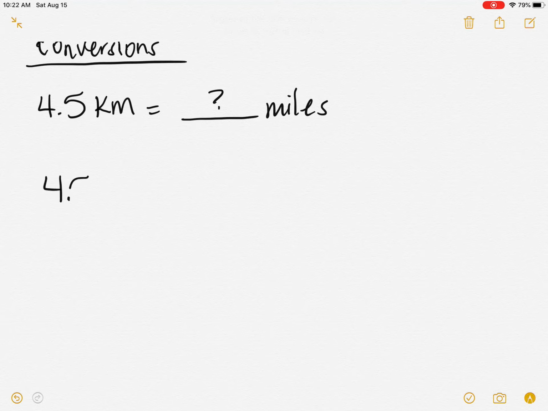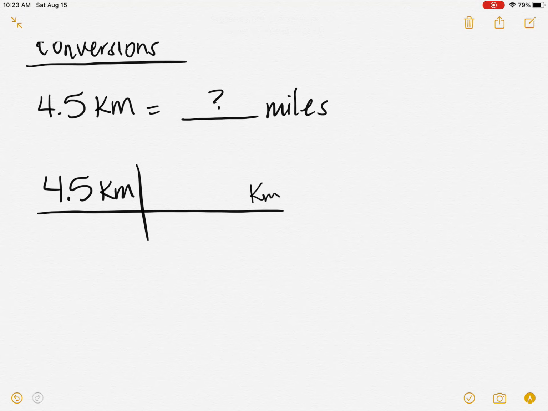So what we're going to do is rewrite the number that we were given with the unit attached, and then draw a kind of crossbar, okay? The goal here is to change kilometers to miles. This is like a fraction, and so my thought process is, if I want to cancel out kilometers, where in my fraction would I put kilometers so that it cancels?